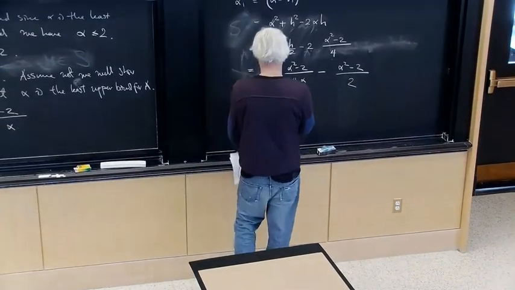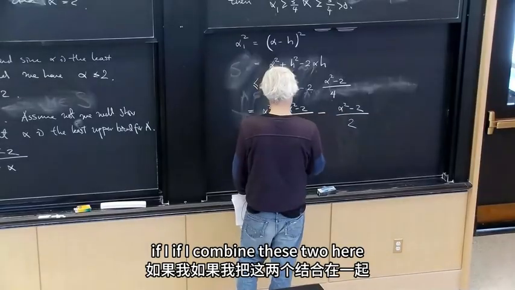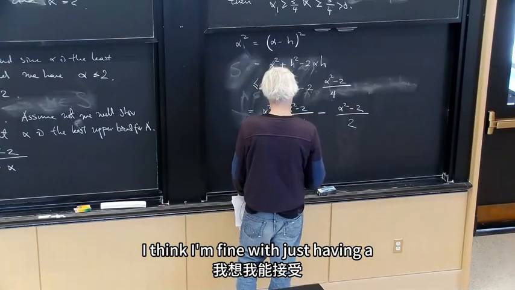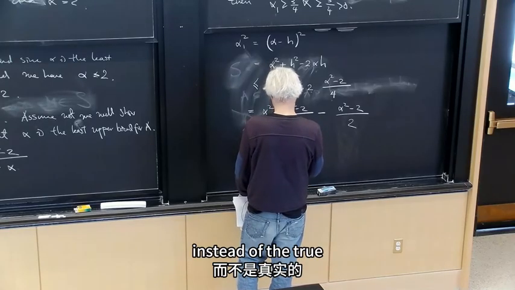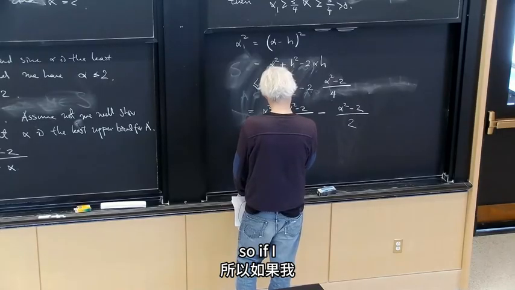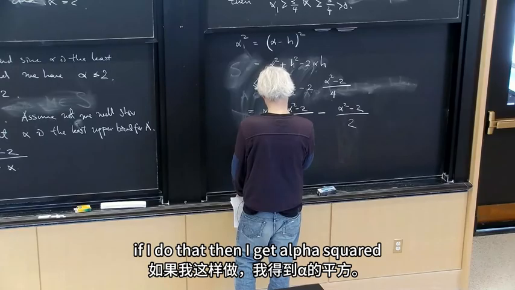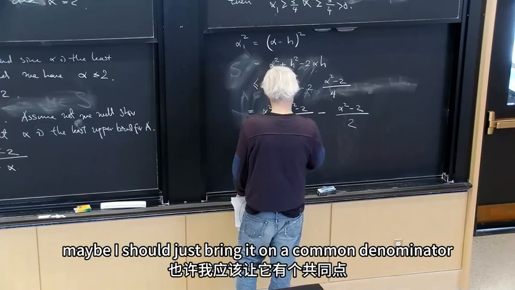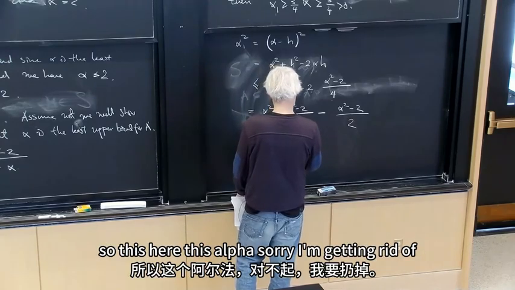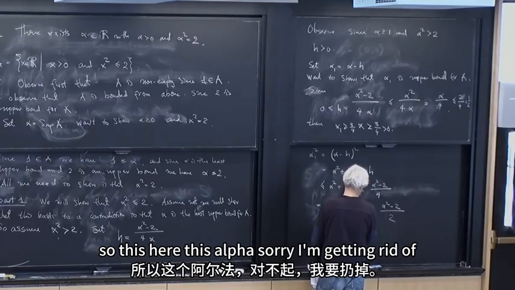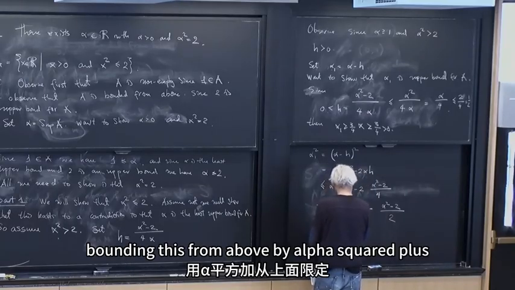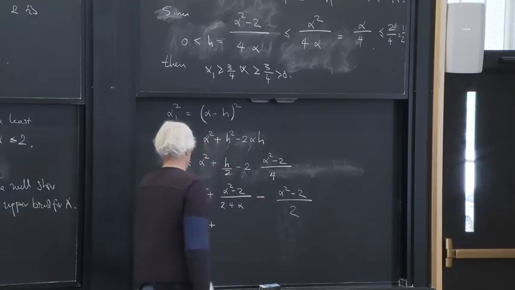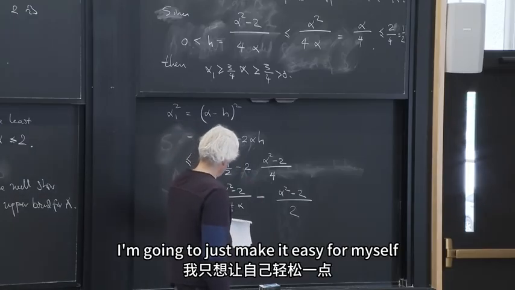If I combine these two, I think I'm fine with just having a 4, sorry, instead of the 2. So if I do that, then I get alpha squared. Maybe I should bring it to the common denominator. I'm bounding this from above by alpha squared plus, and I'm going to make it easy for myself.